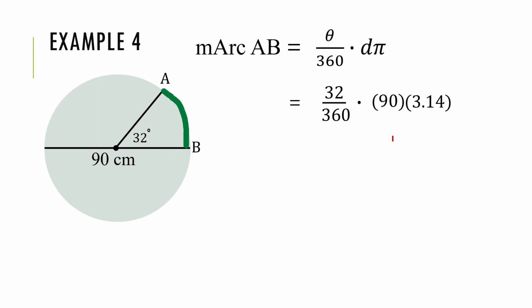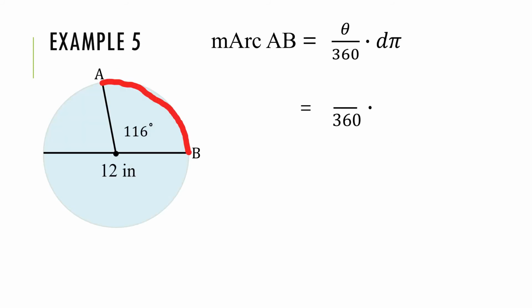Now 90 times 3.14 is going to give us 282.6, which is the circumference of the circle. So take the fraction, multiply by 282.6, and then you get the arc length from A to B is equal to 25.12 centimeters.